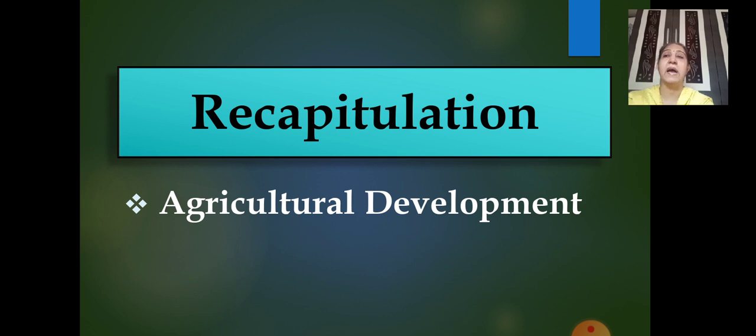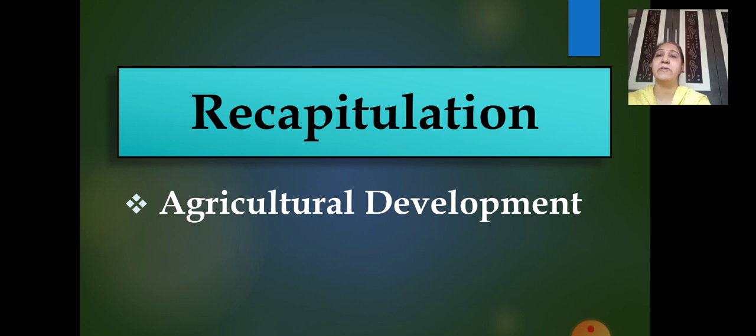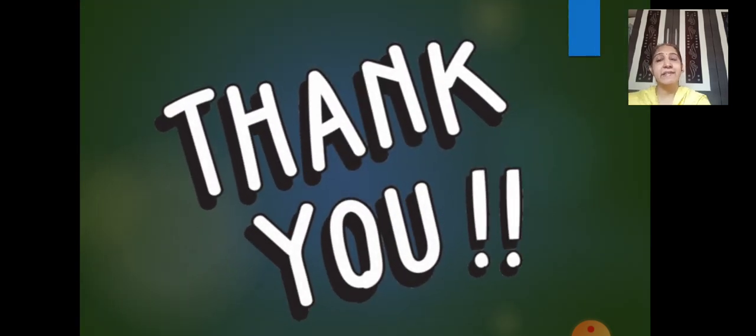So here we have completed our chapter today, the agriculture chapter. So children, go through the presentation, read the chapter, mark each and every point. Then we will be continuing with the next. In the next session, we will be starting with a new chapter.